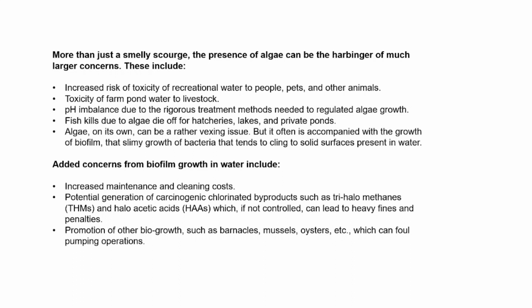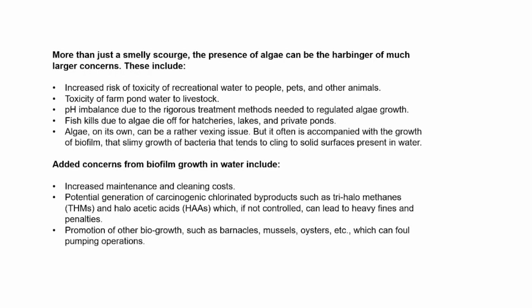But algal bloom is not just a very smelly scourge. It is a presence of algae, and it leads to much toxic concerns in the future. That's what happens in the presence of algal blooms. There's increased risk of toxicity of recreational water to people. The farm pond water is very toxic to livestock, because livestock generally quench their thirst from farm pond water.